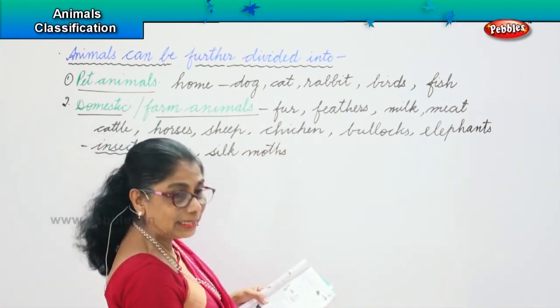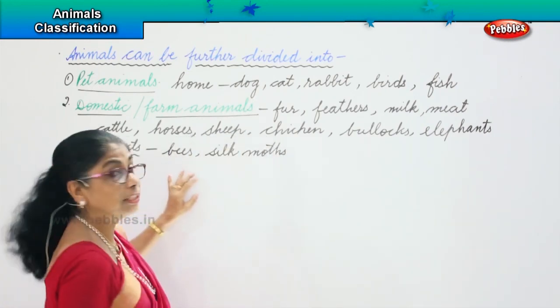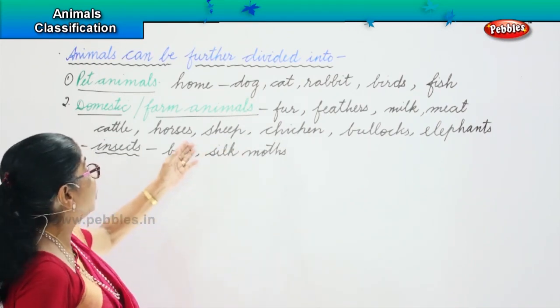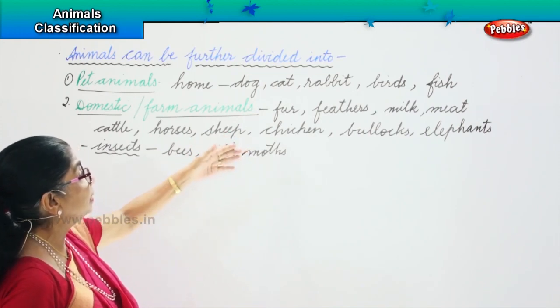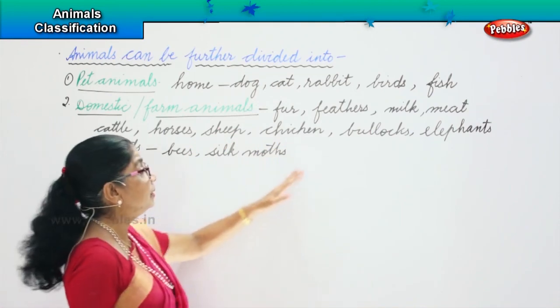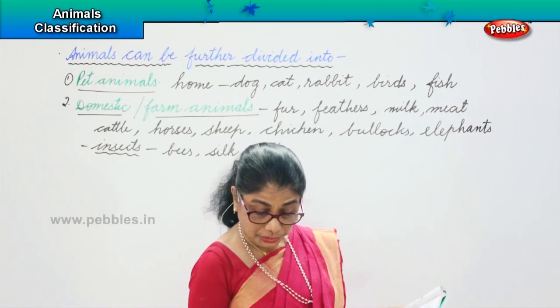All these are domesticated for various purposes. Bees for honey, silkworms for silk thread, then you get fur from sheep, feathers from birds, then milk and meat from chicken, and so on. These bullocks and elephants, they are also used for transportation.